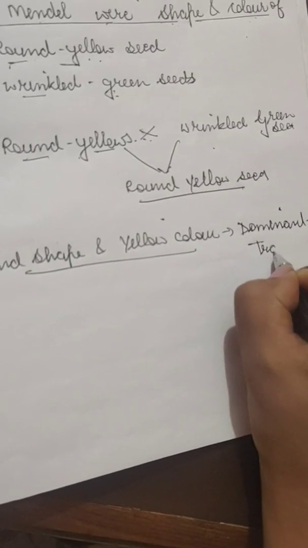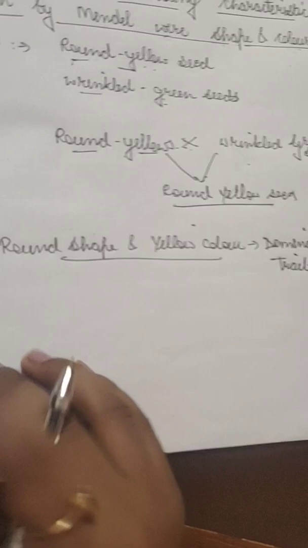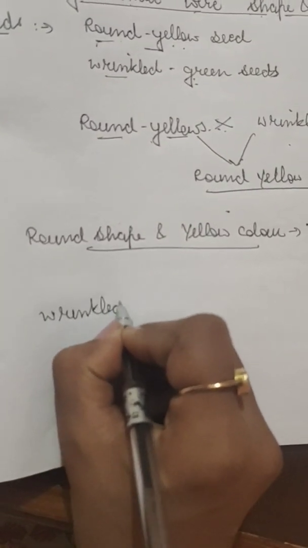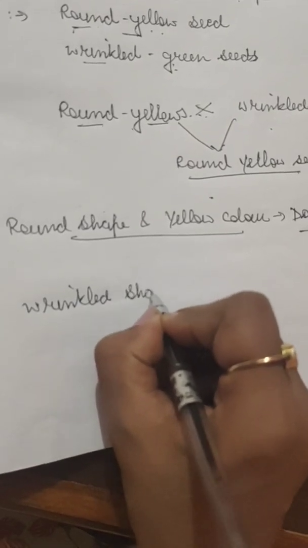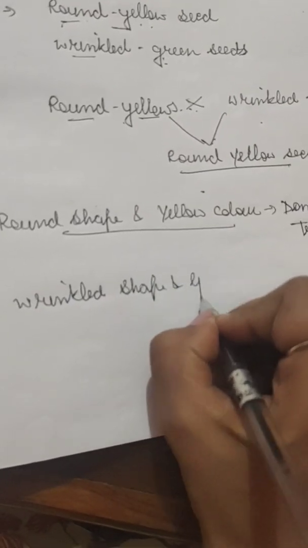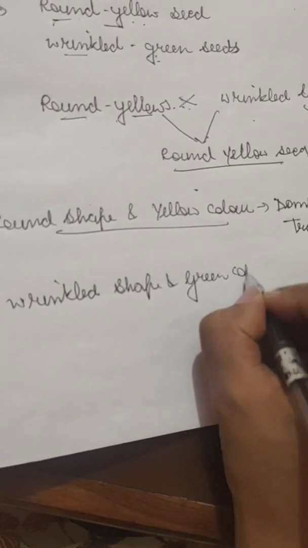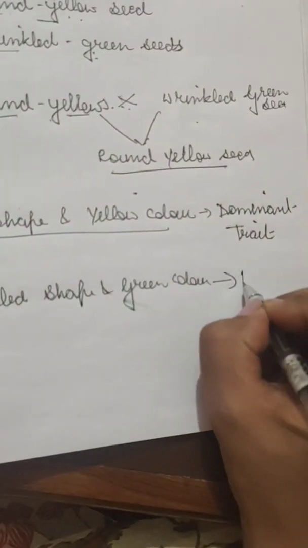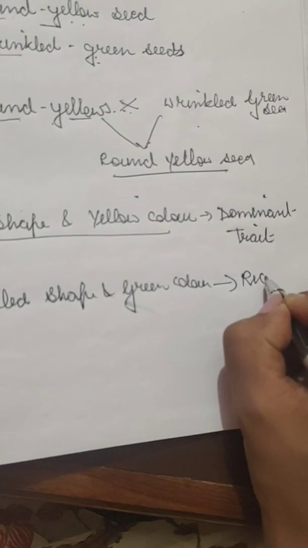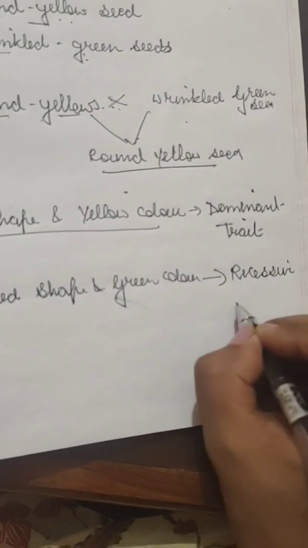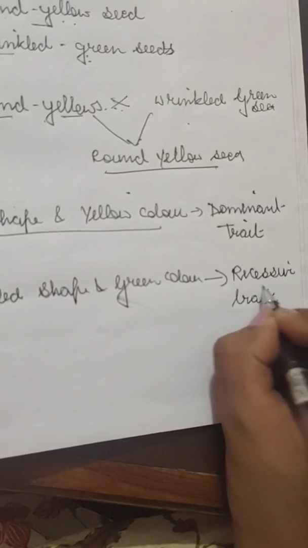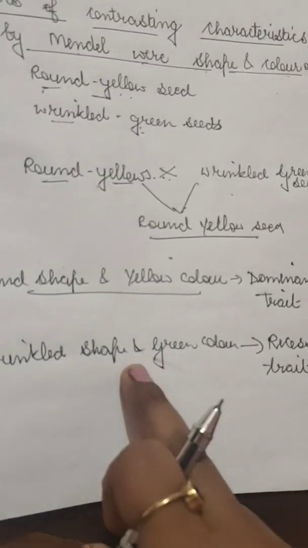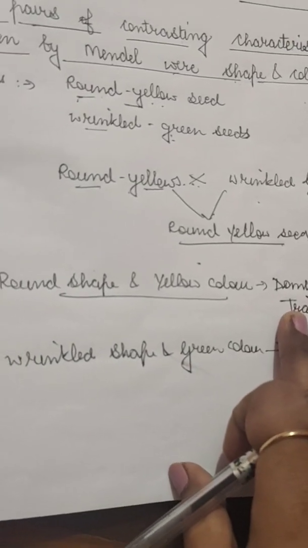trait. Trait means character. And the wrinkled shape and green color were the recessive trait. So it's clear that this is the recessive trait and this is the dominant trait.